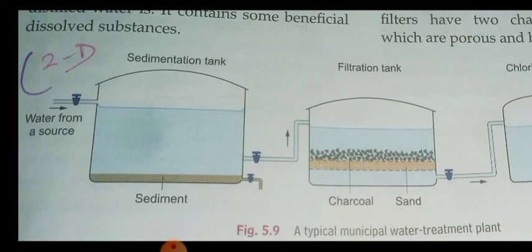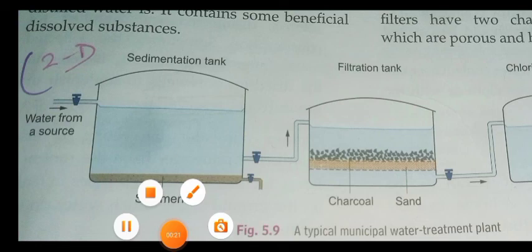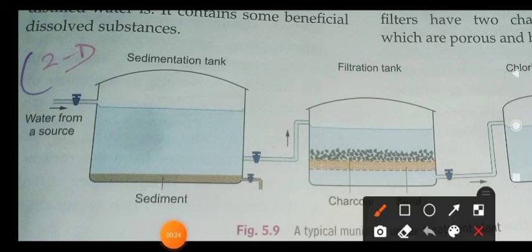So water from the source is allowed to sediment in the sedimentation tank. What is sedimentation? You remember, isn't it? Allowing the liquid to stand without disturbing so that the heavy solid particles settle down. That is, heavy solid particles like clay, sand particles, and mud will settle at the bottom.